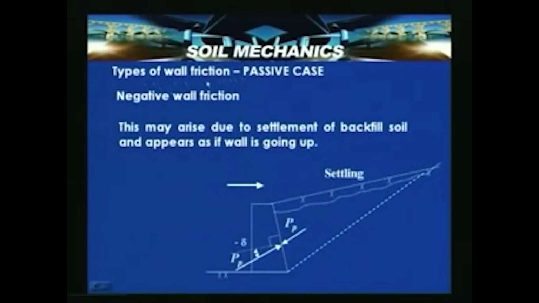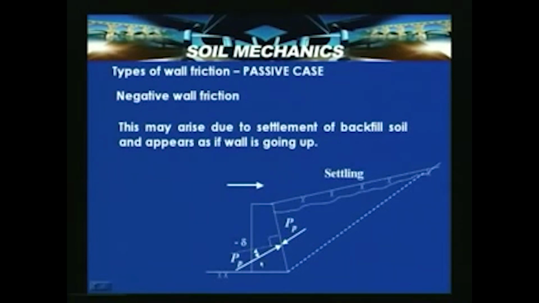Similarly, there is the type of wall friction for the passive case with negative wall friction, that is, the friction angle at the wall interface is negative. This may arise due to settlement of the backfill soil and appears as if the wall is going up. So, if this is an existing wall, this is the failure surface, and this is the original ground surface, then as the wall moves towards the backfill, because of the settlement of the backfill soil, it induces a drag on the wall in the downward direction.